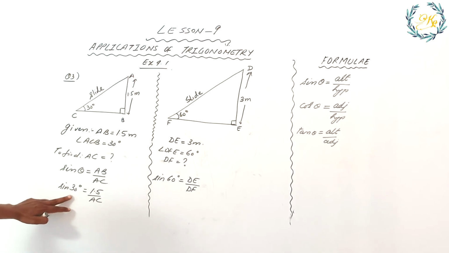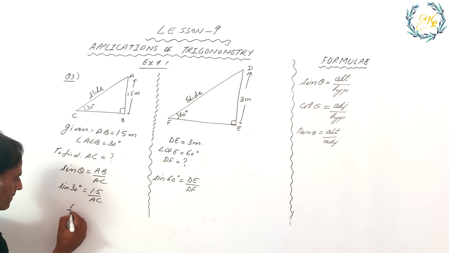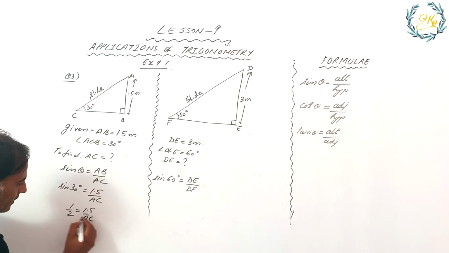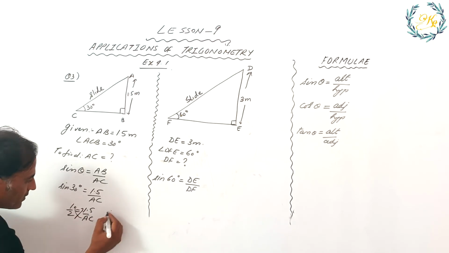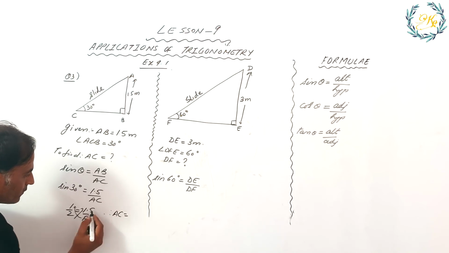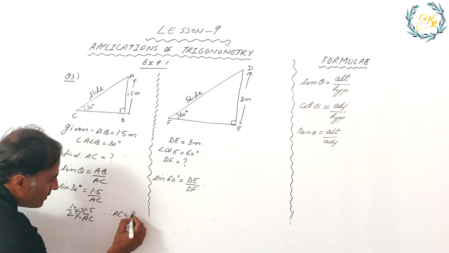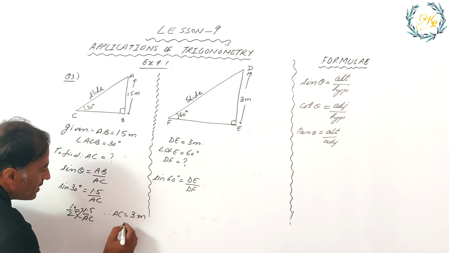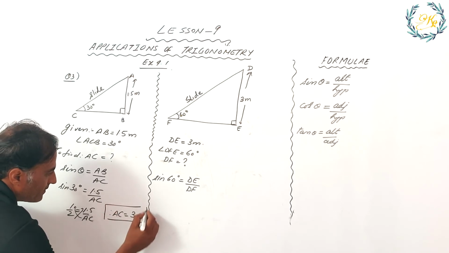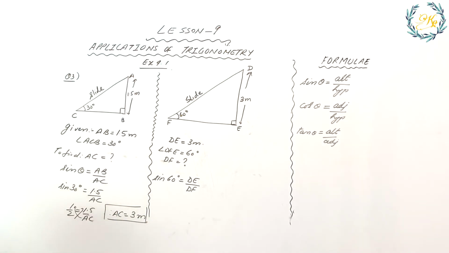Now replacing the value of sin 30, which is 1 by 2, we get 1 by 2 equals 1.5 upon AC. Interchanging the places, AC is equal to 1.5 into 2, which is 3 meters. So we have got the length of the first slide, 3 meters.